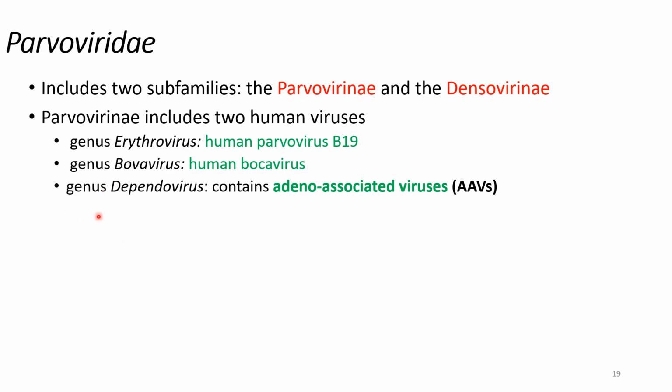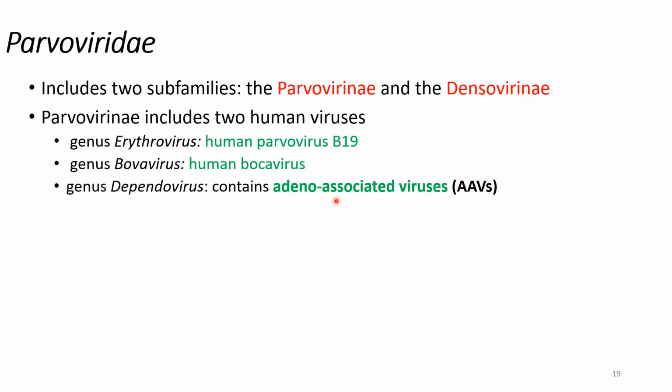And then we have also the genus Dependovirus. From the name, these viruses depend on other viruses to replicate. So we have the adeno-associated viruses. These more or less rely on the presence of a helper virus, usually an adenovirus, to replicate. Now, the adeno-associated virus doesn't cause illness or modify infection by the helper virus, the adenovirus.